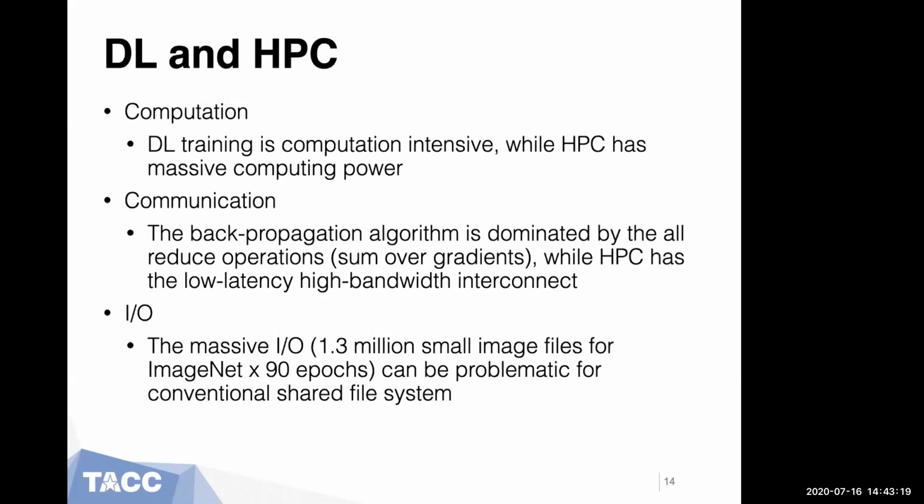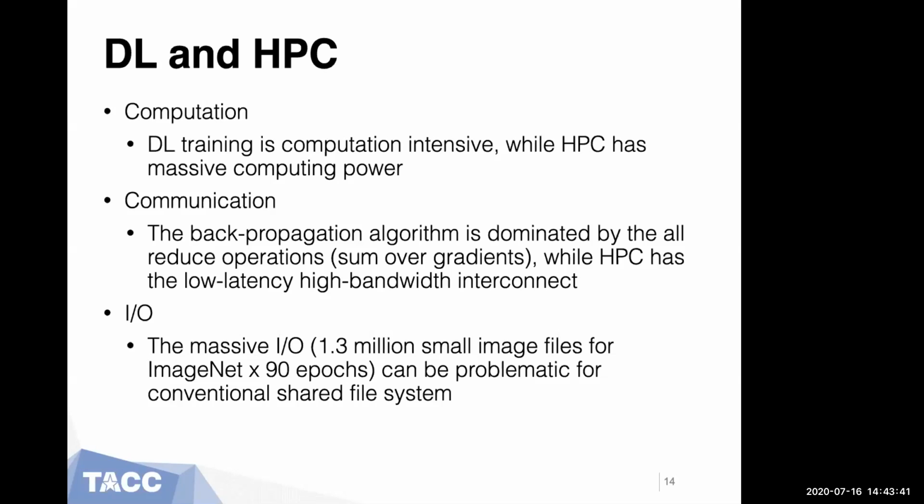And there's the communication part. The backpropagation algorithm is dominated by all-reduce operations, from previous studies. We sum over the gradients, and once you have the sum, you can compute the average. HPC has a low latency, high bandwidth interconnect, which is a great fit for this type of communication.